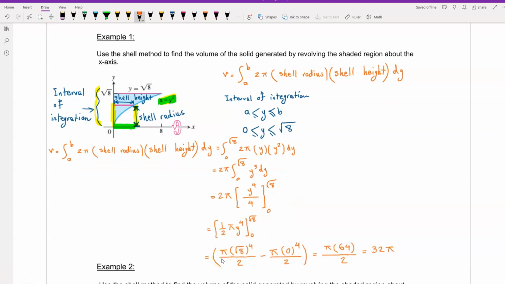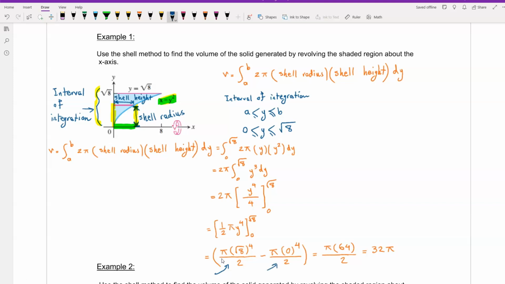First using square root of 8 for y, we have 1 over 2 times pi times square root of 8 to the 4th power, minus 1 over 2 times pi times 0 to the 4th power. On this part, we have pi times square root of 8 to the 4th, that is equal to 64, then divide by 2.